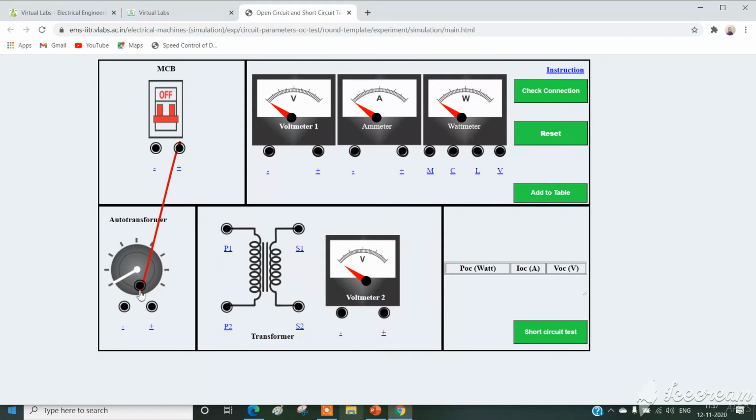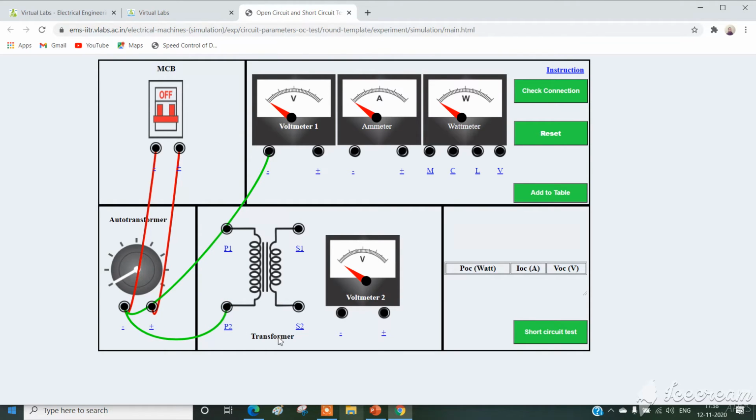First, MCB plus is directly connected to auto transformer plus. MCB minus is directly connected to auto transformer minus. Then auto transformer minus is connected to the negative terminal of voltmeter 1, and again auto transformer negative is connected to the P2 terminal of the transformer primary winding.